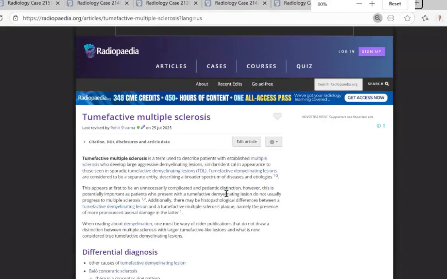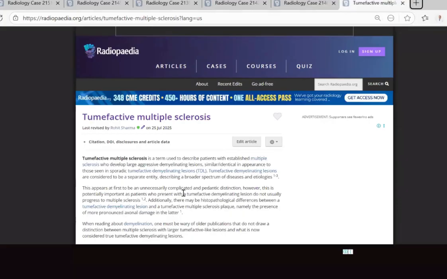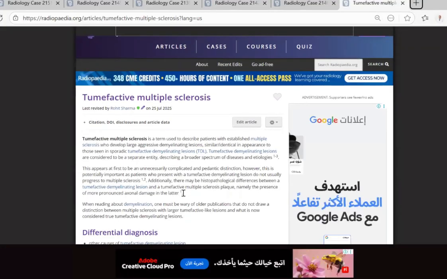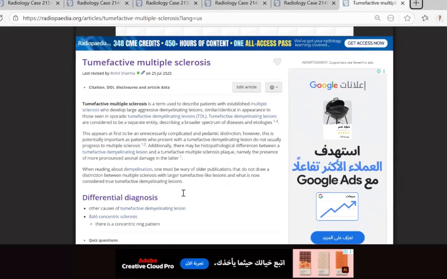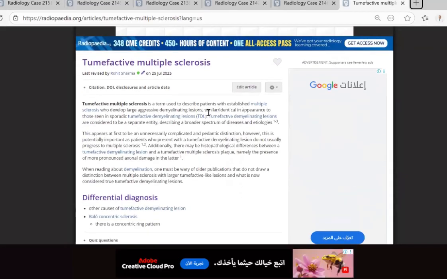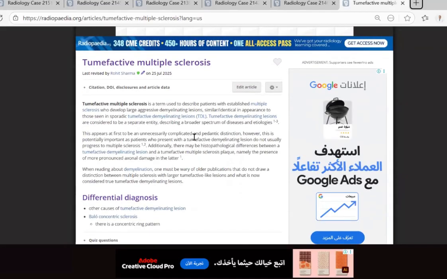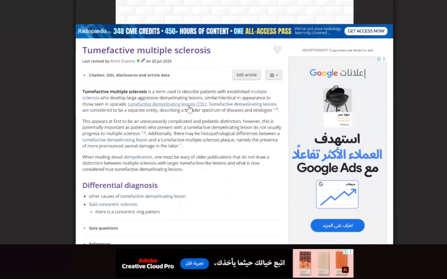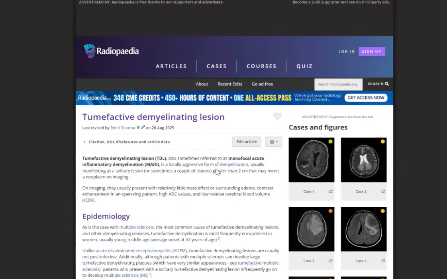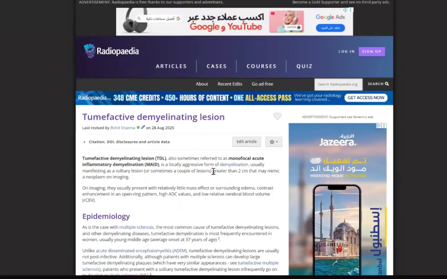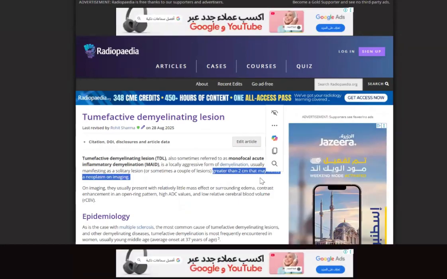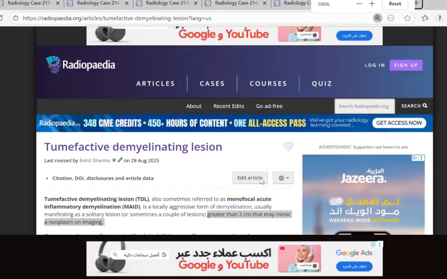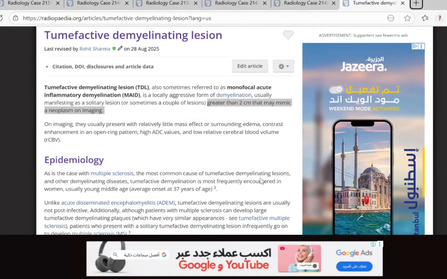Tumefactive when it is more than 2 cm. Look, here, tumefactive when greater than 2 cm. It can mimic neoplasm. This is why it is named tumefactive.